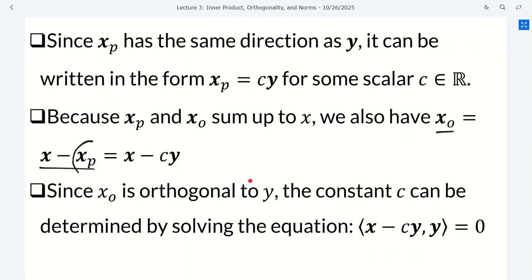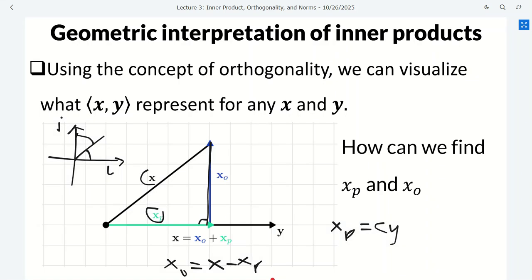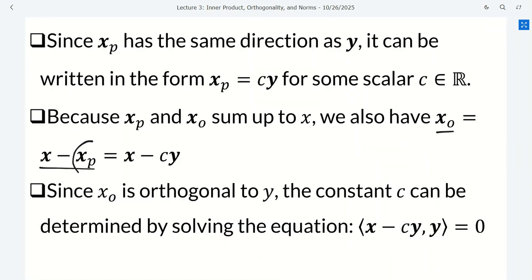Now, since x naught is orthogonal to y, because it's perpendicular, as you can see over here, then if I find the inner product of x naught and y, I'm supposed to get 0.